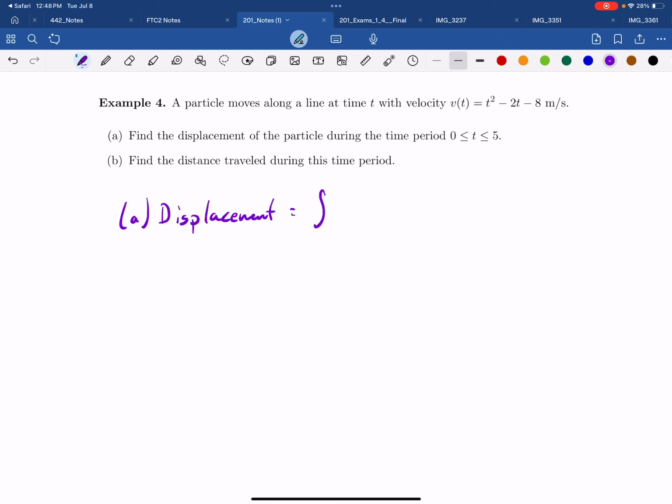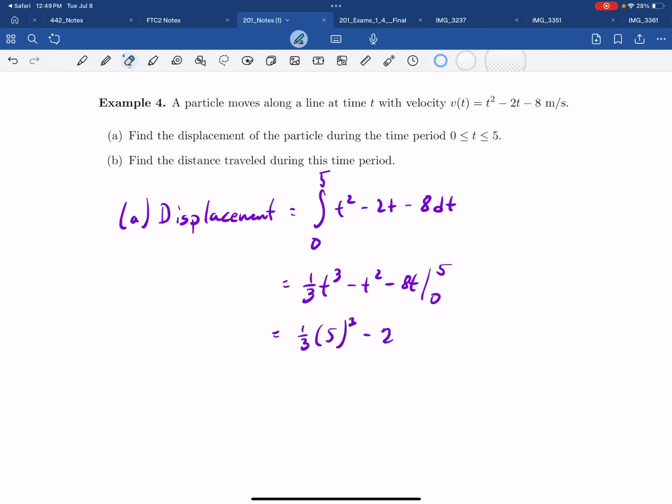There's just the integral from 0 to 5 of this, which is just this. And then plugging in 0 is going to give us 0. Okay.